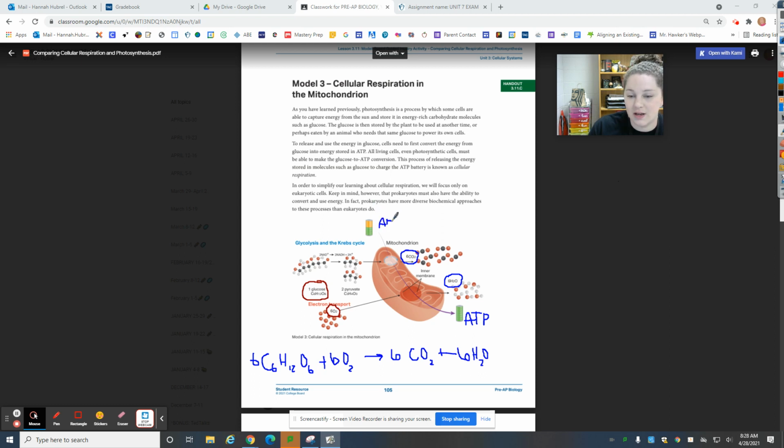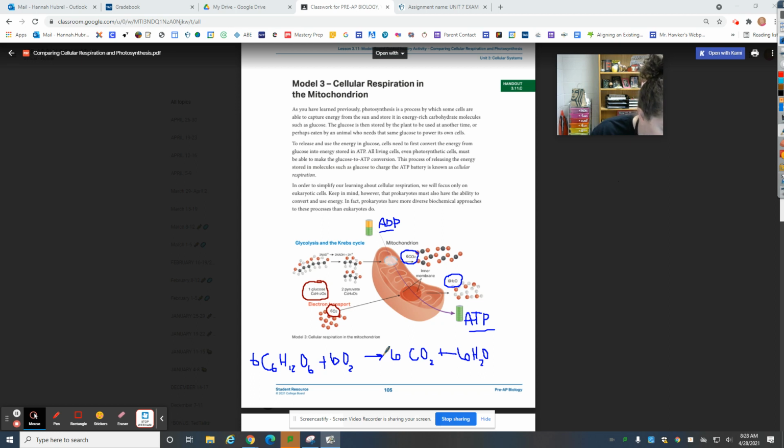It's doing that to on average 36 to 38 ADP, and 36 to 38 ATP come out. So it's not just doing this to 1 at a time. That would wear your cells out. It's doing 36 at a time. So it wants you to label. So right here, you're going to label ADP and ATP.